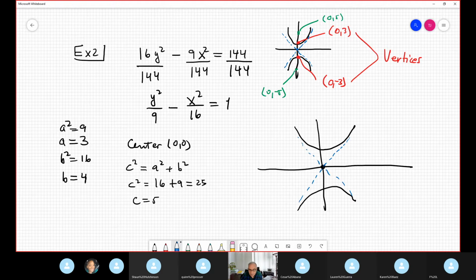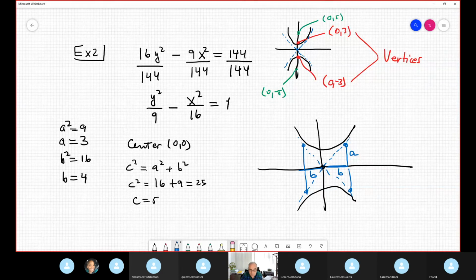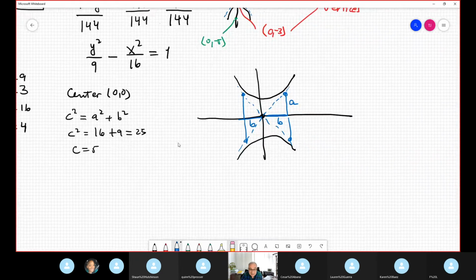Okay. And remember the famous reference rectangle, but in this case the order is different. This is b now here and a here. I plot that point. In this direction I plot this point again, b, a. Okay, this is the same height, and here is the same. This is my reference rectangle, and the equation for the asymptotes is y equals plus or minus a over b x, a is 3, b is 4.